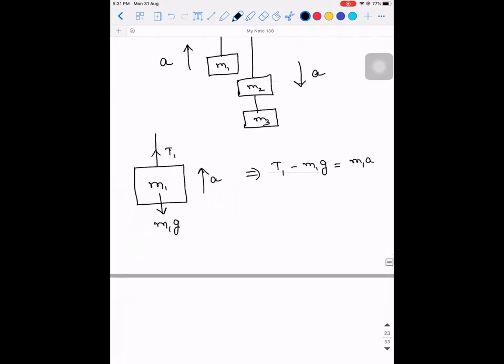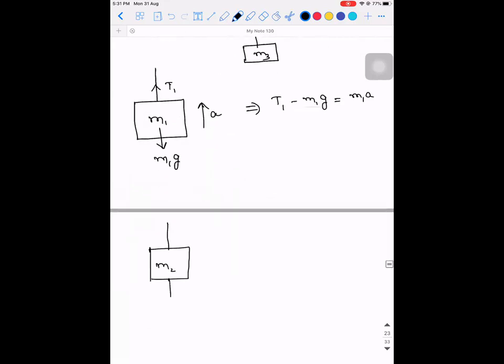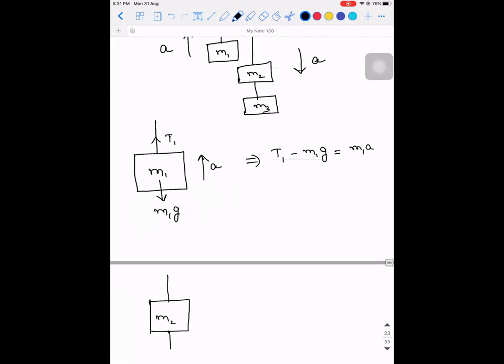Now, what will happen to M2? So, when you're drawing a free body diagram, you have to see what is there on either side of the block. For the upper part of M2, there is a string. For the lower part also, there is a string. M2 is moving in downward direction. Who's pulling M2 down?